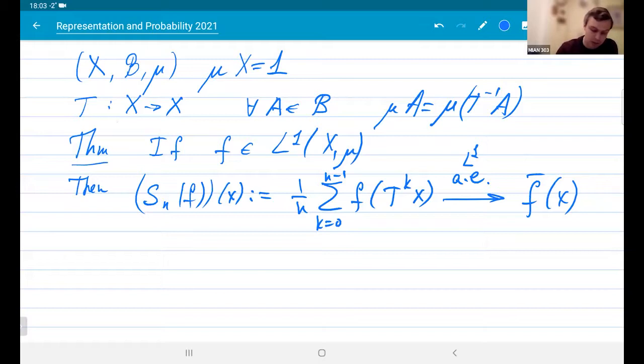So this is the Birkhoff, or Birkhoff-Khinchin, ergodic theorem.